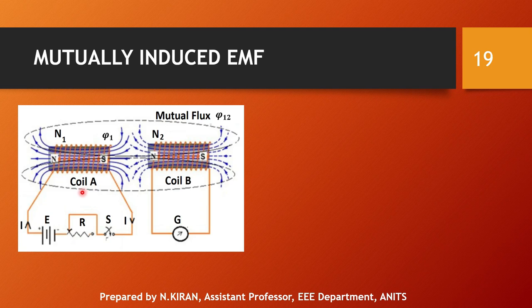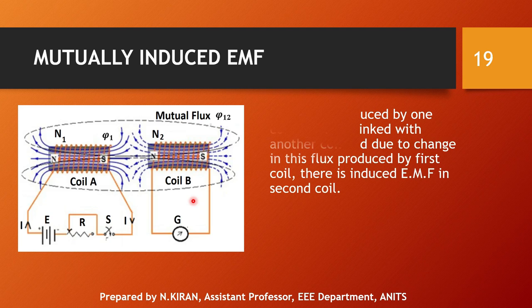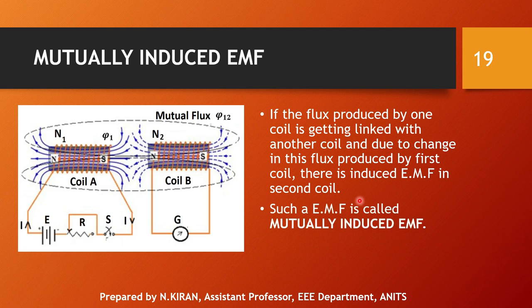The EMF induced in coil A due to the change in flux in coil A is called self-induced EMF, and the EMF induced in coil B due to the change in flux of coil A is called mutually induced EMF. So the flux produced by one coil gets linked with another coil, and due to the change in this flux, EMF is induced in the second coil. This induced EMF we call mutually induced EMF.